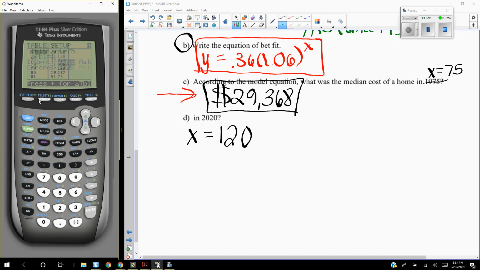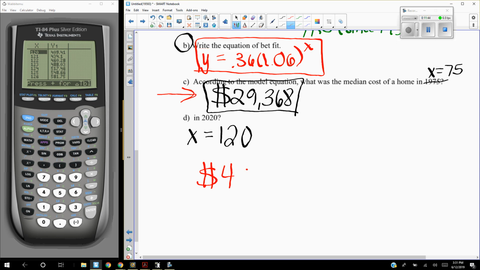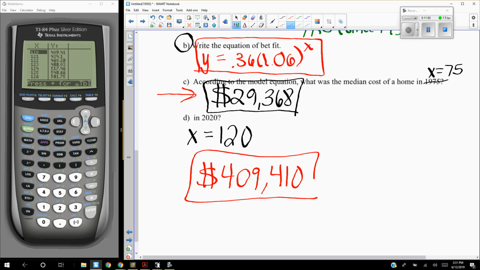So go back to second window, and now we want our table to start at 120. Second graph, and then we can see that in the year 2020, the median home price is $409,410.